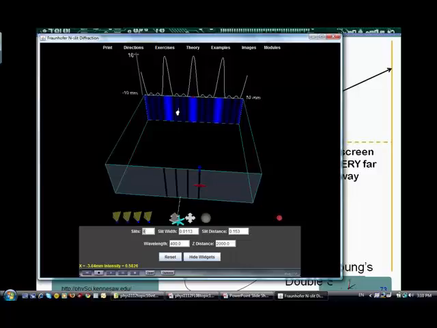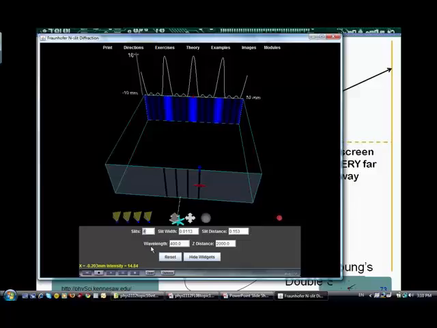Now here the number of secondary maxima is going to be 4 minus 2. For the other one, 3 minus 2 gives us 1. Here, 4 minus 2, we have 2 of them. And look at the intensity here. It's again close to 1, and here we are at 16, 4 squared.